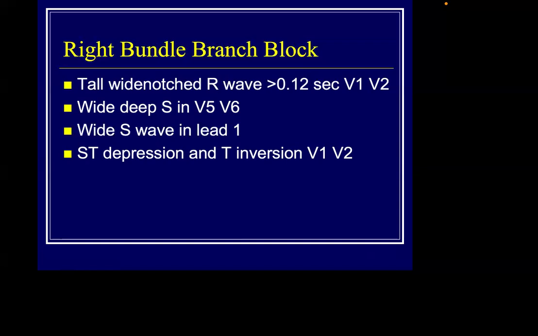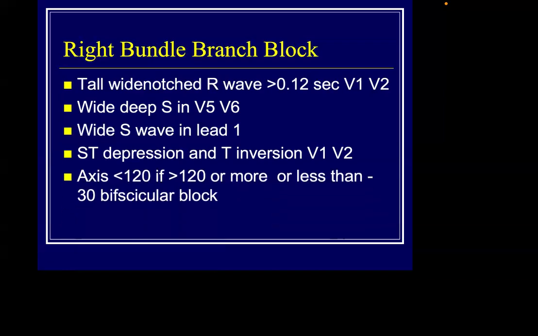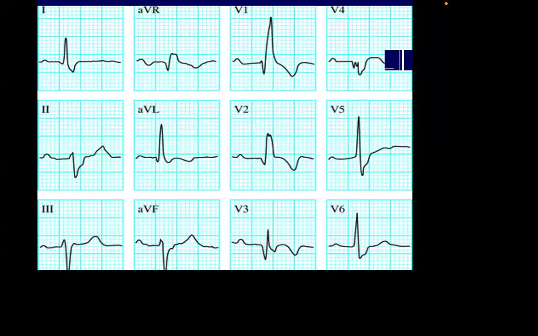We say like pulmonary stenosis, pulmonary hypertension. And in left bundle branch block, usually the pathology is in the left ventricle, so the ST segment changes will be confined to the left ventricle. And this is the axis. We will talk about the axis later on.